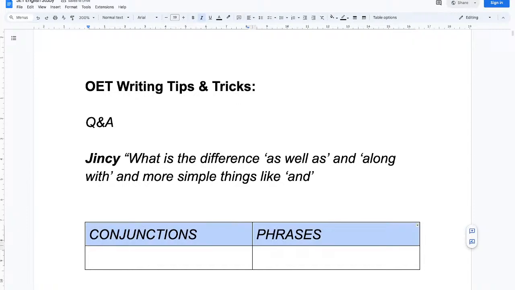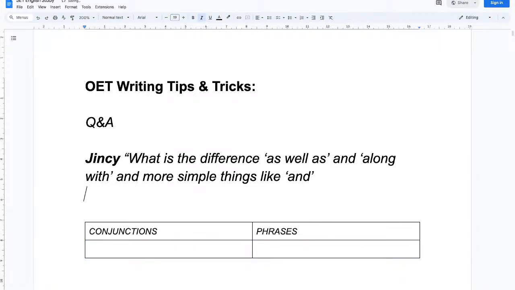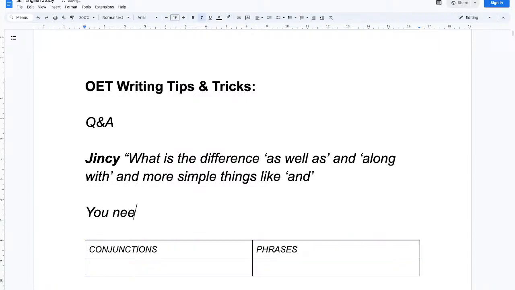Conjunctions and phrases are quite different things in some ways, although sometimes they can look the same. So you need to not confuse conjunctions and phrases. This is what I want to talk about today, guys.